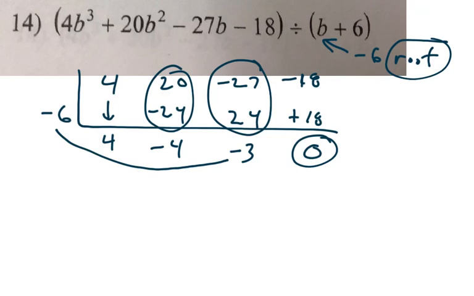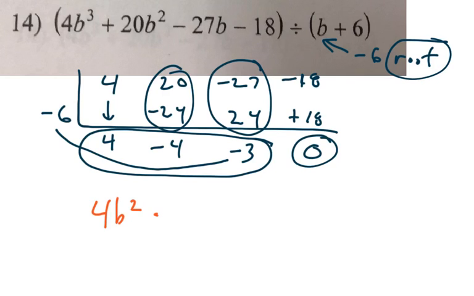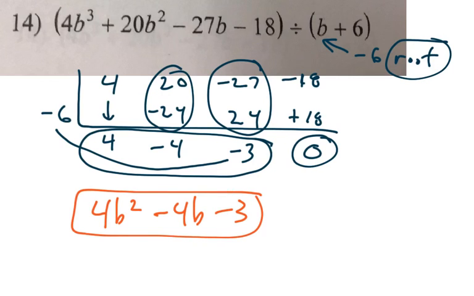Now, remember what happened when we got a 0 remainder in the last video? What that means, guys, is what we have here, what I refer to as the guts again, is in this case 4b squared minus 4b minus 3. This is basically the resulting division answer, okay?